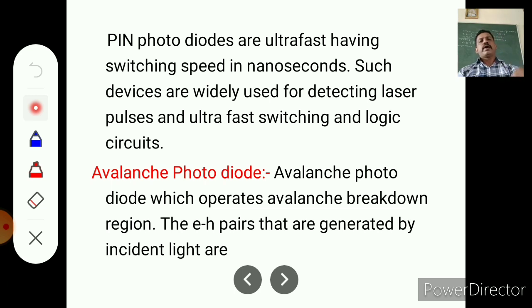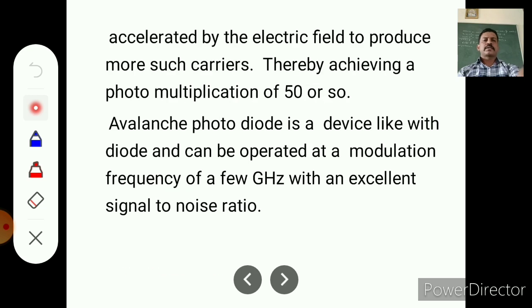Avalanche photodiode: the avalanche photodiode operates in the avalanche breakdown region, where electron-hole pairs generated by incident light are accelerated by the electric field to produce more such carriers, thereby achieving photo multiplication of 52 or so. The avalanche photodiode can be operated at a modulation frequency of a few gigahertz with an excellent signal to noise ratio.